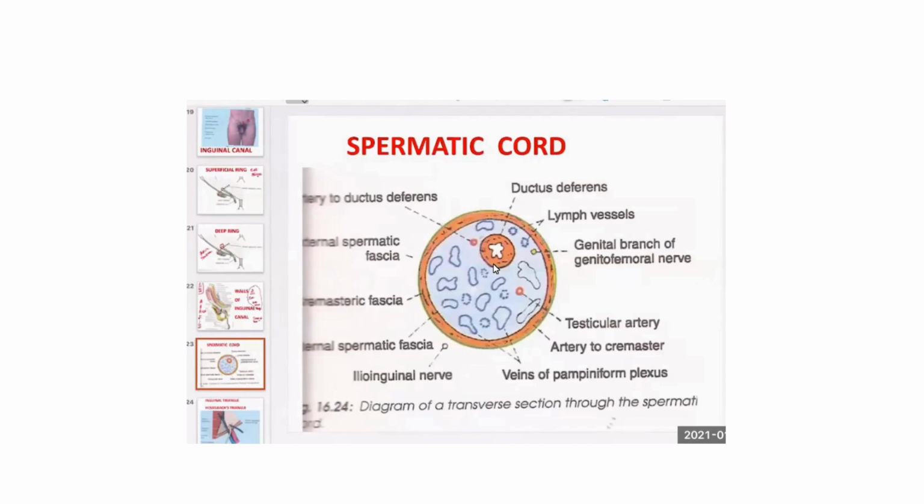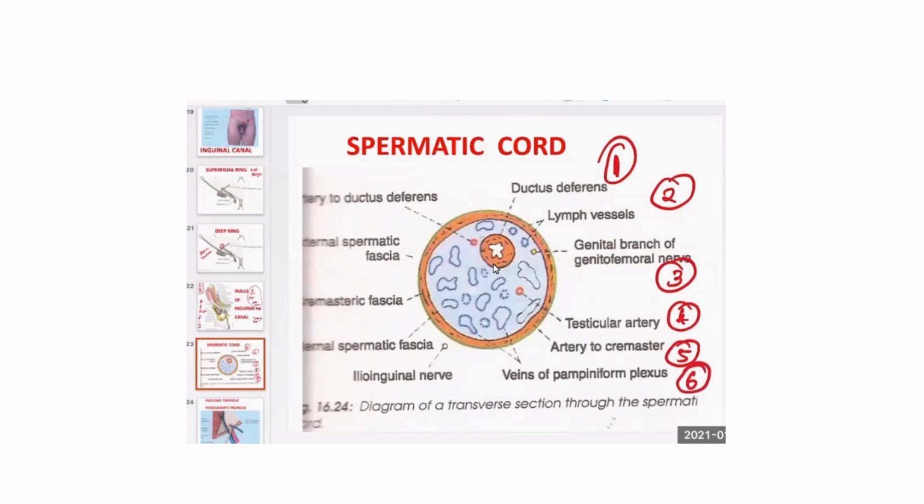So what are all the contents of the spermatic cord? Number one, vas deferens, lymph vessel, genital branch of genitofemoral nerve, testicular artery, artery of cremaster, pampiniform plexus of veins. So these are all the contents of spermatic cord in male.